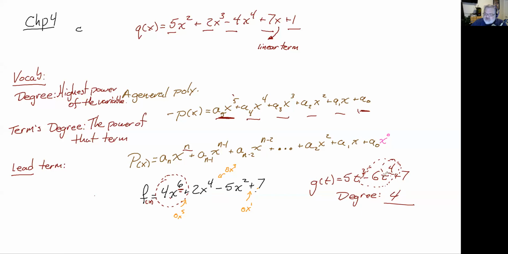The fact that it's t to the 4th will tell us how it behaves. The fact that the lead coefficient, that is the coefficient of the lead term, is negative tells us how that is going to be modified. So the lead term is simply the highest degree term.